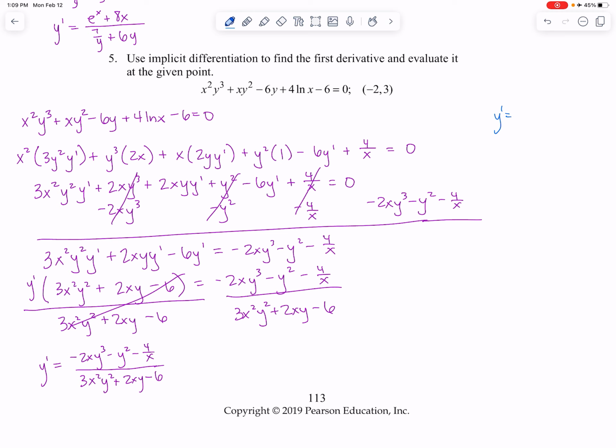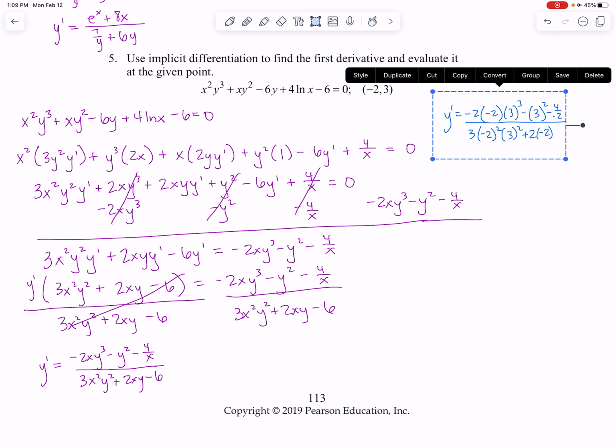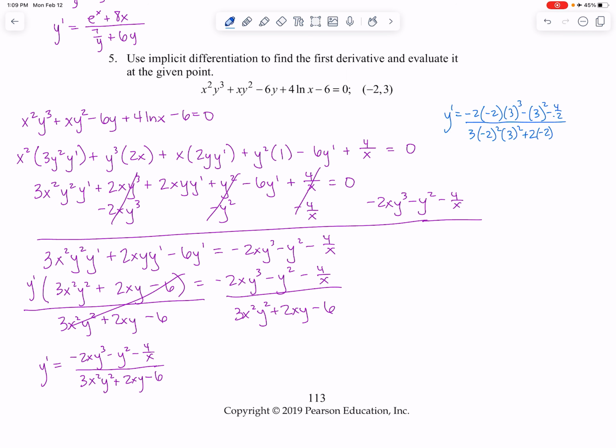We'll have negative 2 times negative 2 times 3 cubed minus 3 squared minus 4 over negative 2, over 3 times negative 2 squared times 3 squared plus 2 times negative 2 times 3 minus 6.